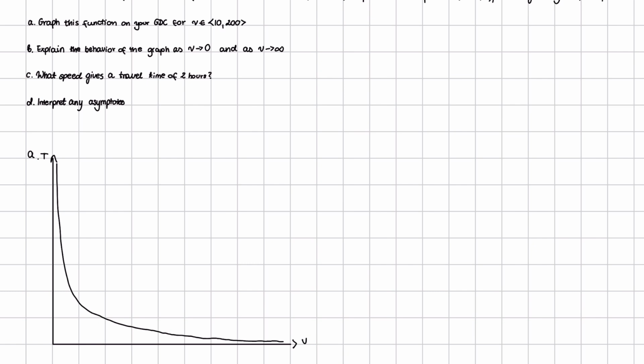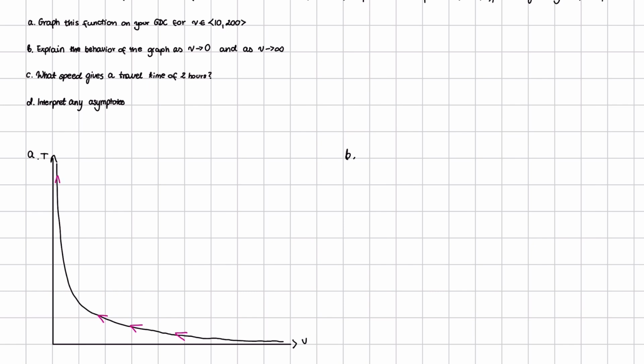And in B, we have to explain the behavior of the graph as v goes to 0 and then as v goes to infinity. We can observe that when v goes to 0, our t goes to infinity. You can observe it here.